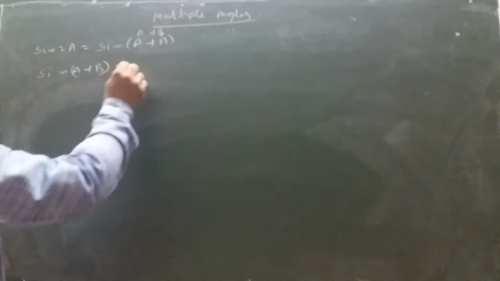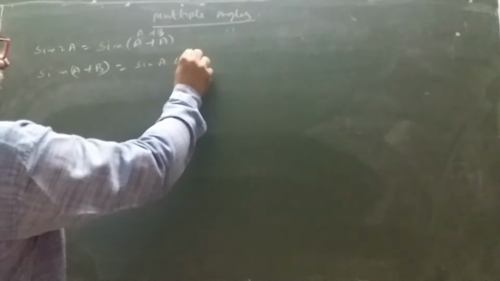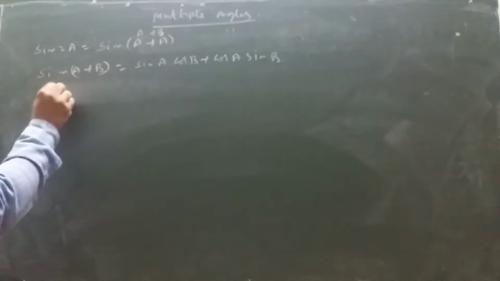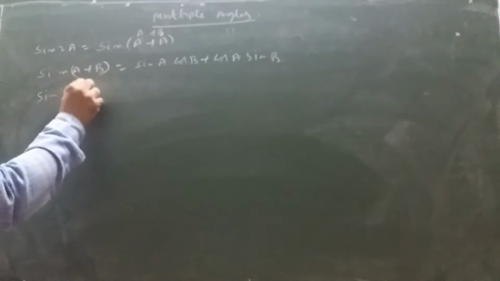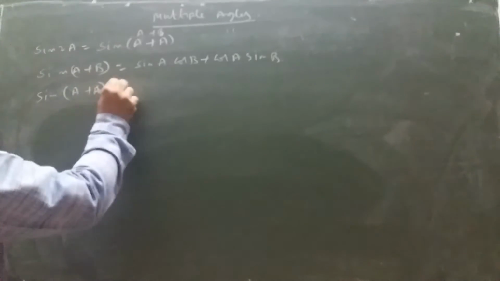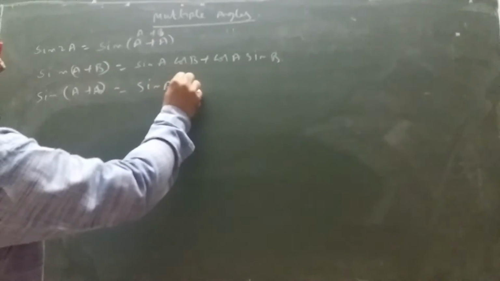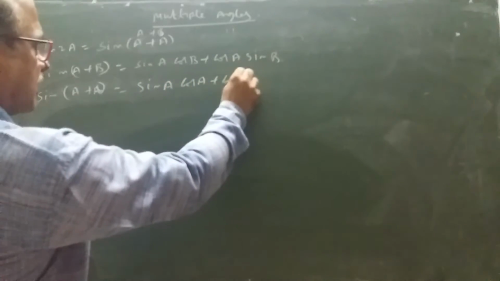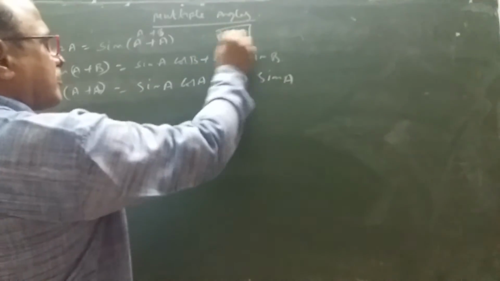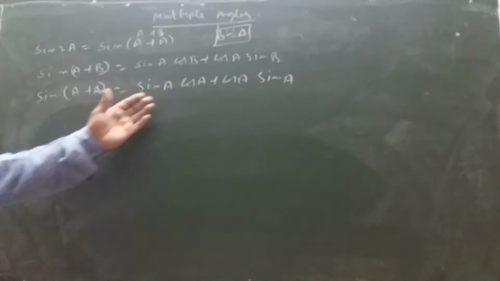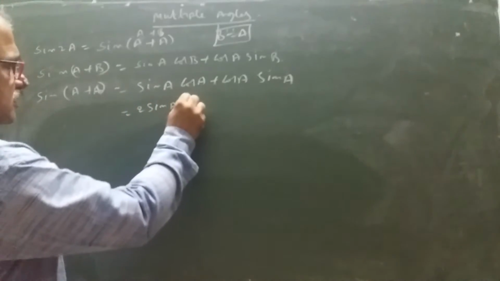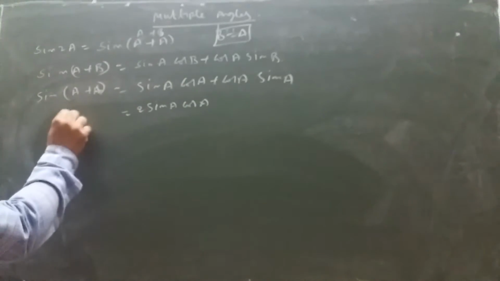Sin A plus B is nothing but sin A cos B plus cos A sin B. Taking B equal to A, sin of A plus A is sin A cos A plus cos A sin A. These are the same, so that is equal to 2 sin A cos A. This is the formula for sin 2A.